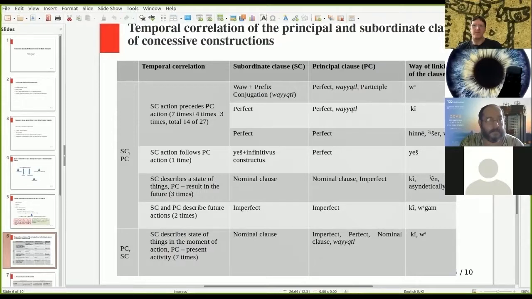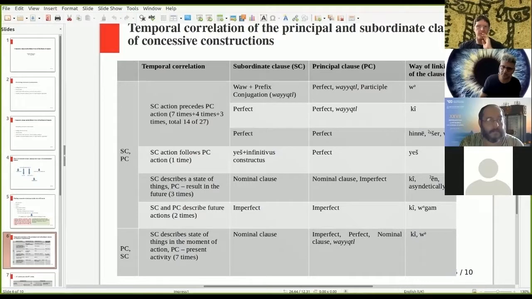But there are also some examples of the reverse order, when the principal clause precedes the subordinate clause. This is not the case for some languages, and it is notable that Hebrew has this order. But there were no examples of the third option, when the subordinate clause is inserted between the two parts of the principal clause.